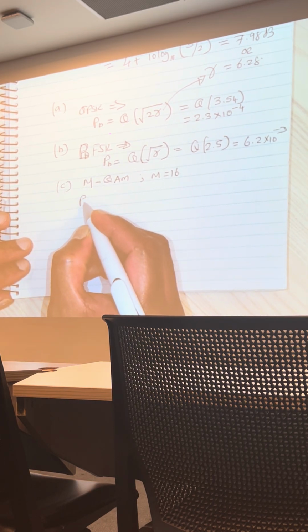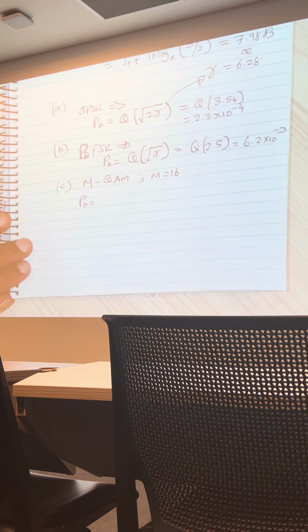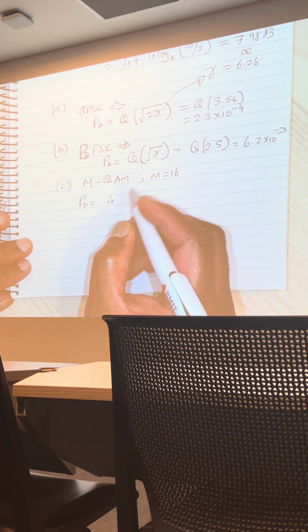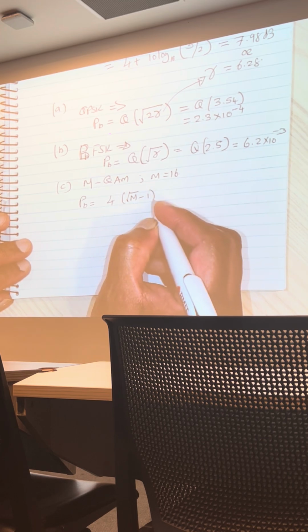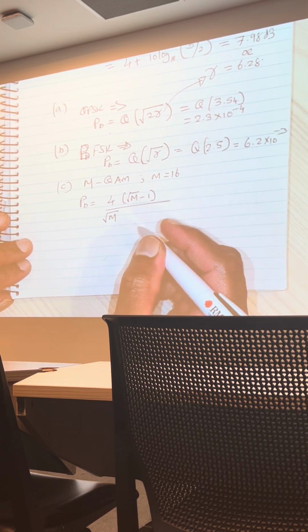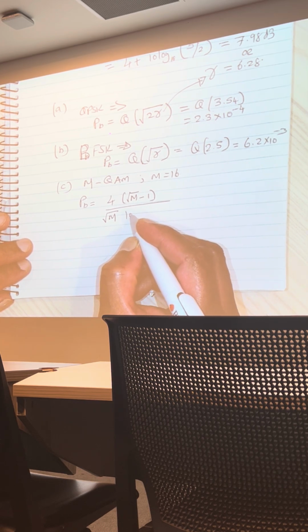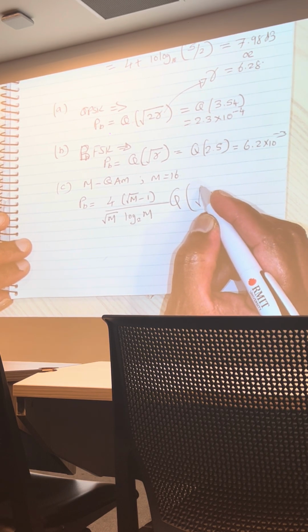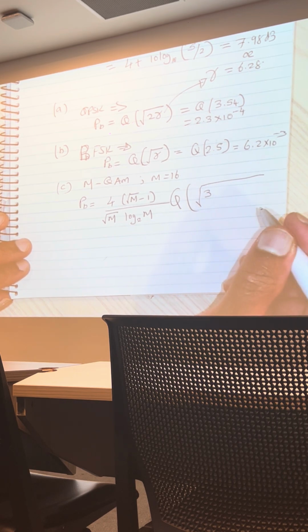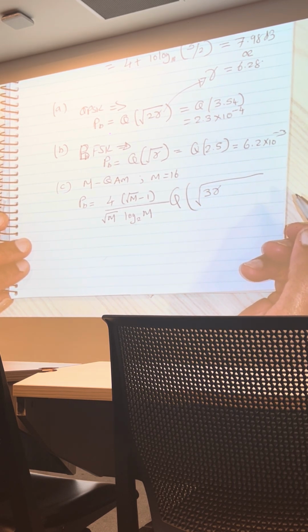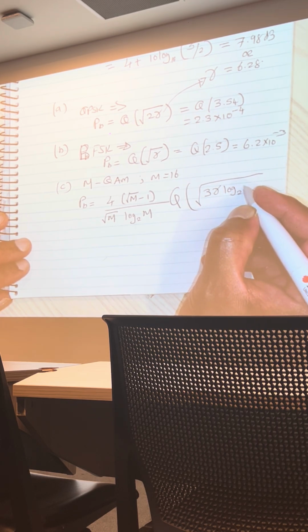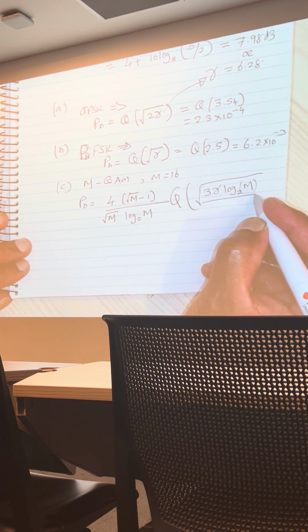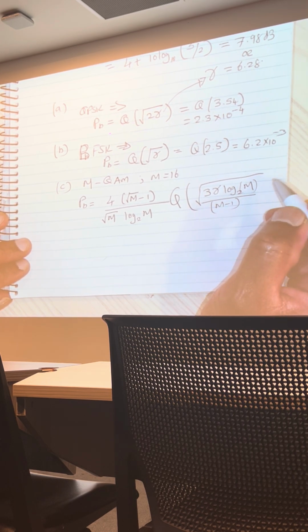So the bit error probability expression for this is 4 times (square root of M minus 1) on square root of M, divided by log base 2 of M, times Q of the square root of (3 gamma log base 2 of M divided by M minus 1).